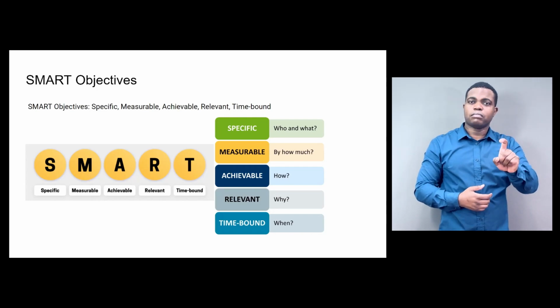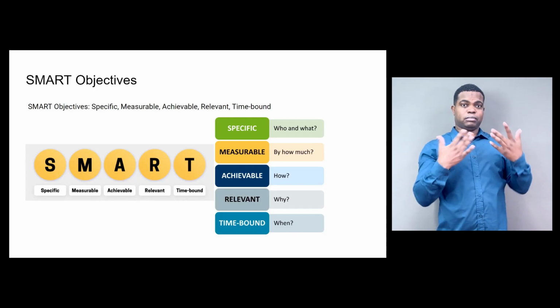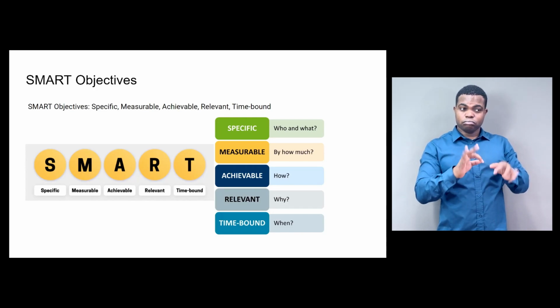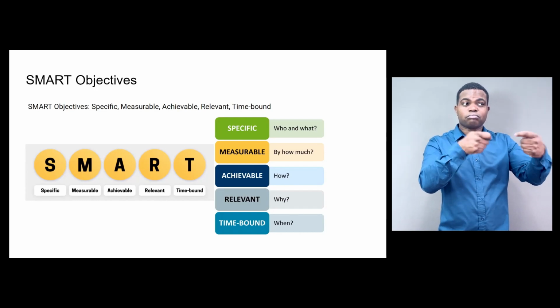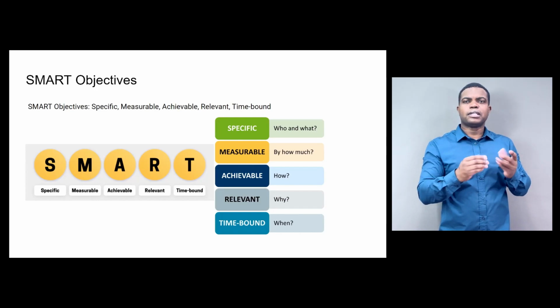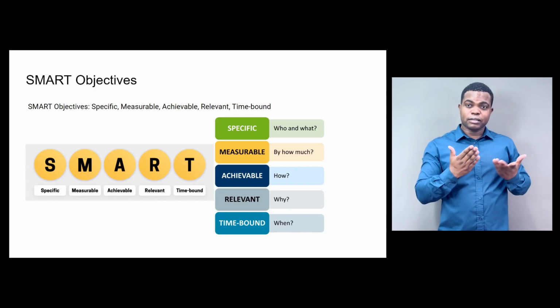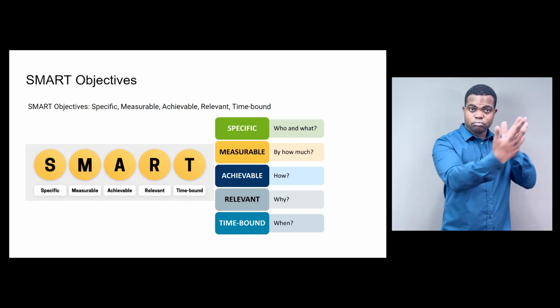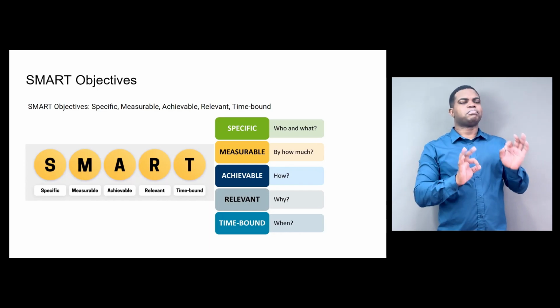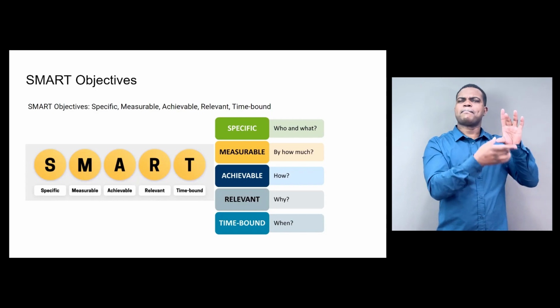Relevant. Why are you carrying out this initiative at this particular time? Does it align with the goal of your community initiative? Does it align with the goal of your other stakeholders? That is it being relevant.